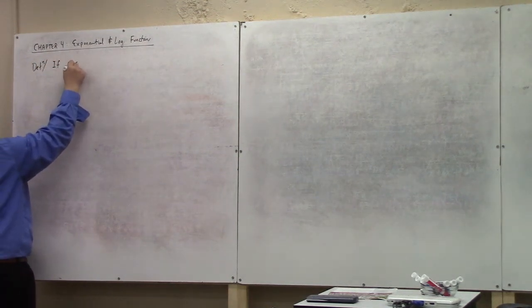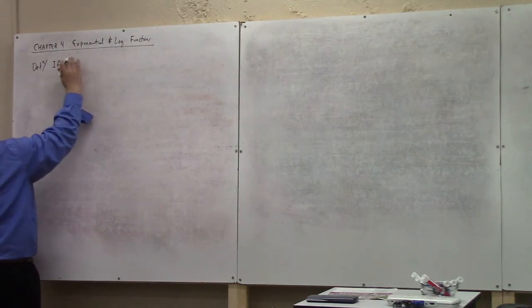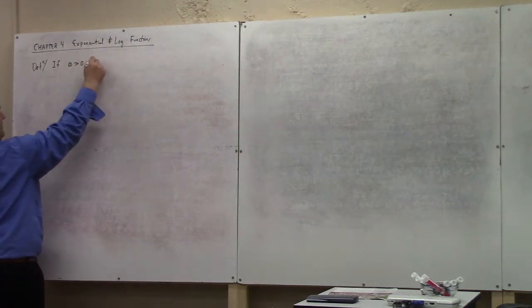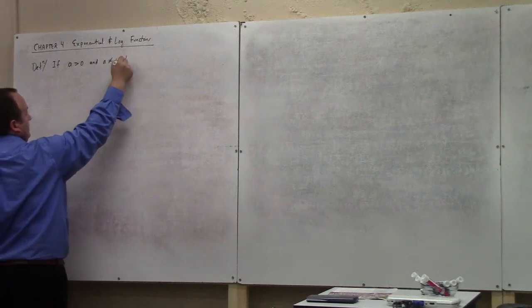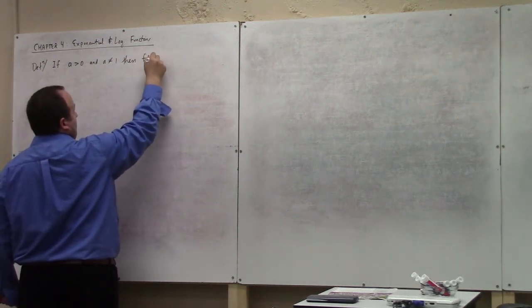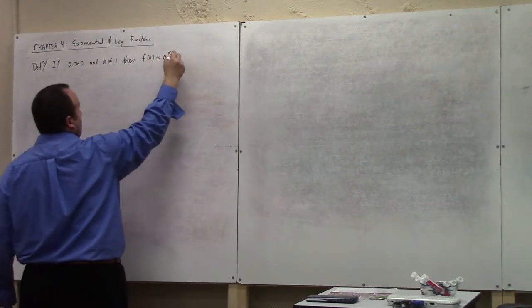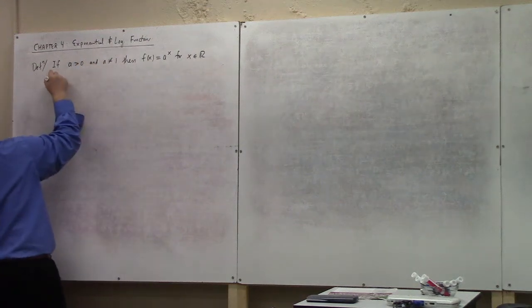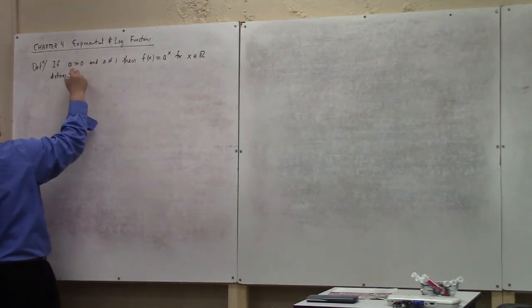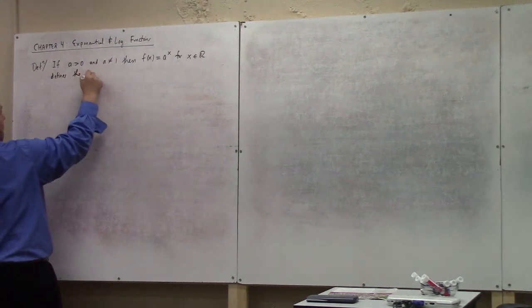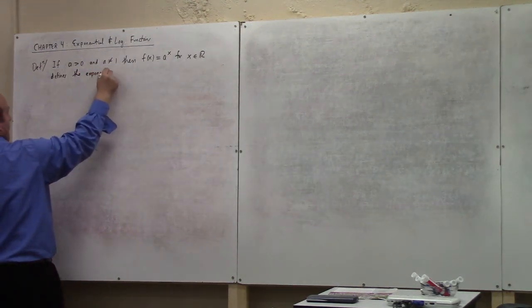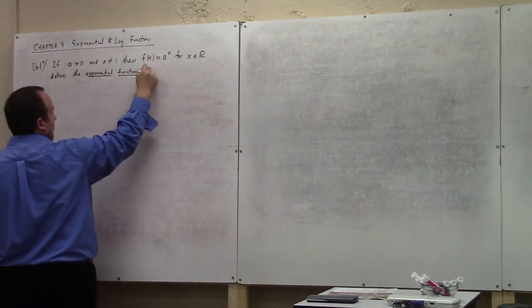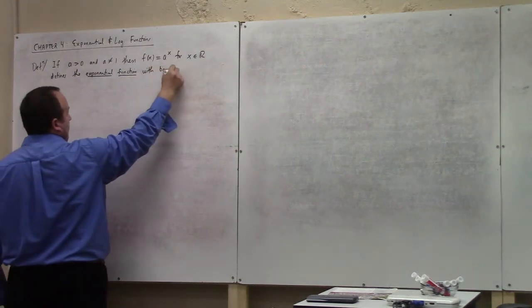If a is greater than 0 and a is not equal to 1, then f of x equals a to the x for x in the reals defines the exponential function with base a.